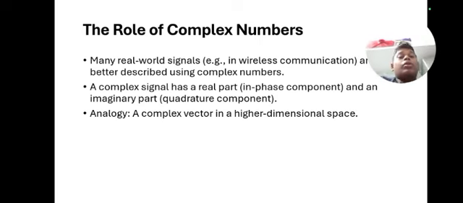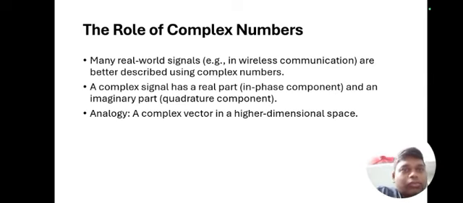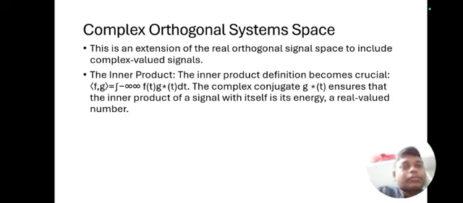The role of complex numbers. Many real-world signals, for example in wireless communication, are better described using complex numbers. A complex signal has a real part and an imaginary part. Analogy: a complex vector in a high dimension space. Complex orthogonal signal space.